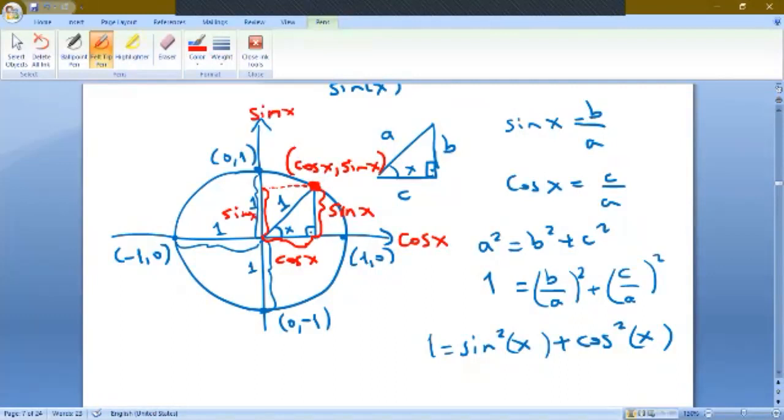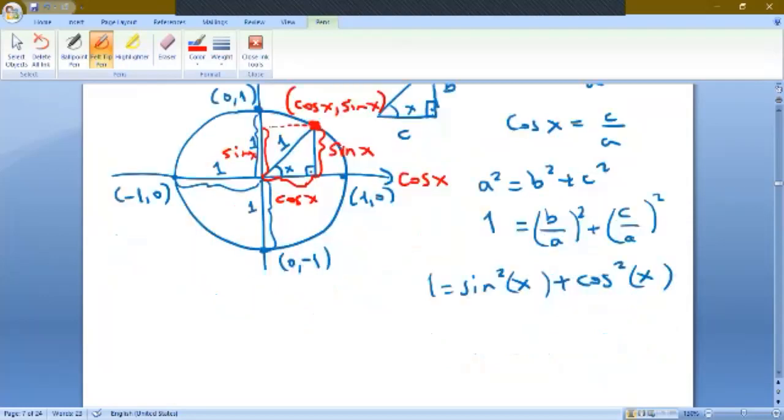So if you keep moving this point on the unit circle, you are going to have projections onto the horizontal and the vertical axis every time for the position of the angle x. And then you are going to get some number between minus 1 and 1 each time for cosine and each time for sine.